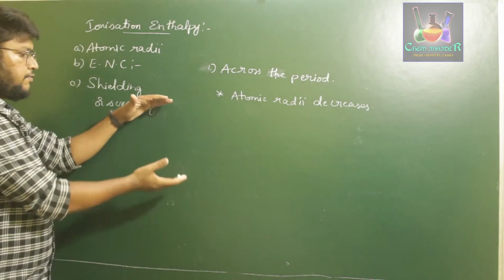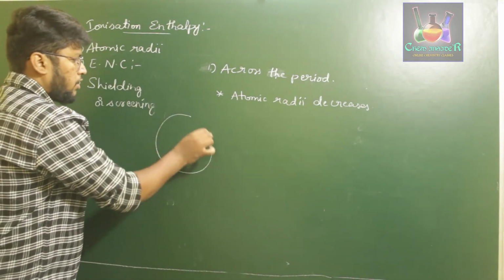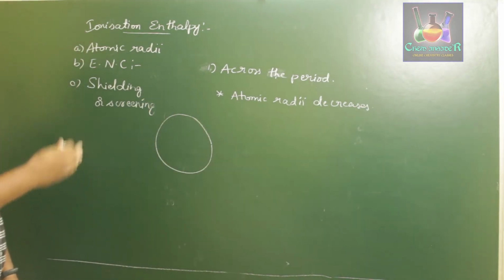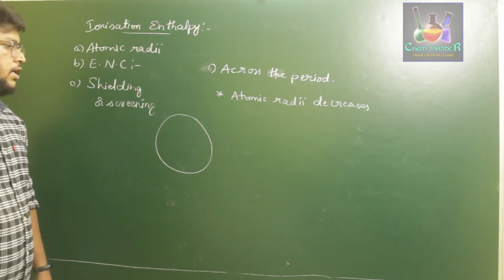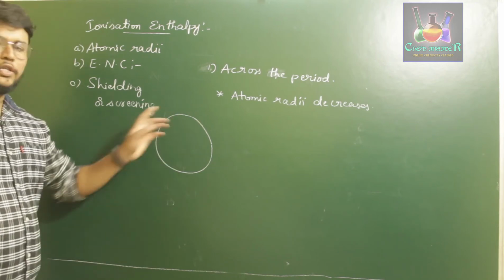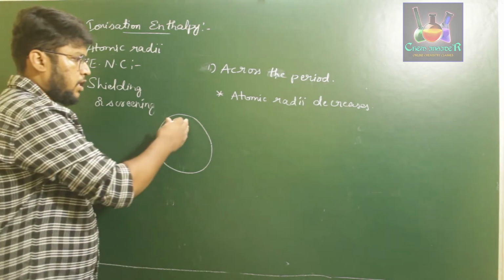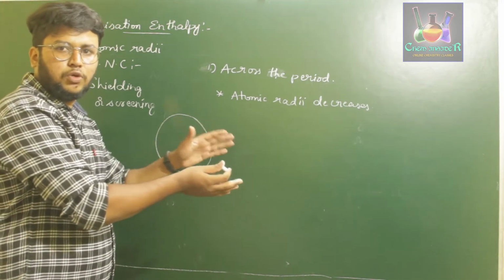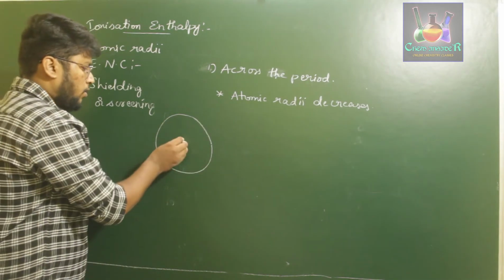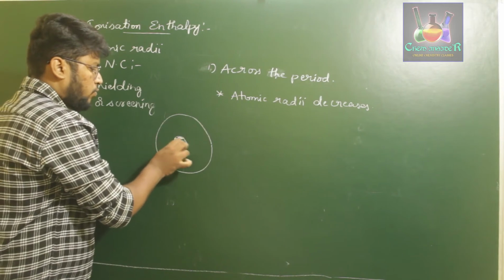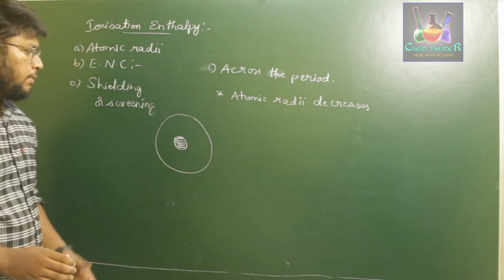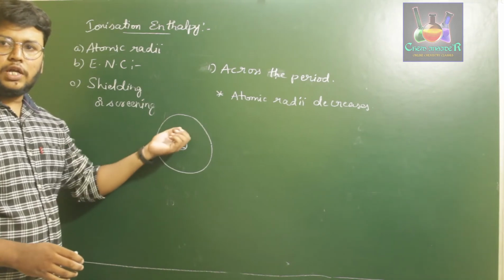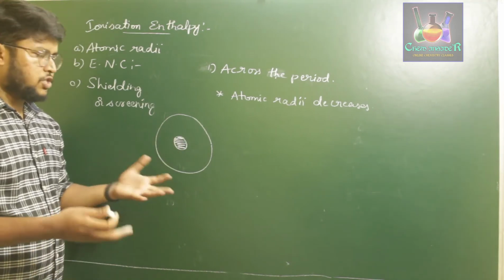Let us say this is the penultimate shell of an atom of the first alkali group. This penultimate shell will decrease because of more electrons. If you have a nucleus with one proton and one electron, it will attract those electrons towards itself to some extent.